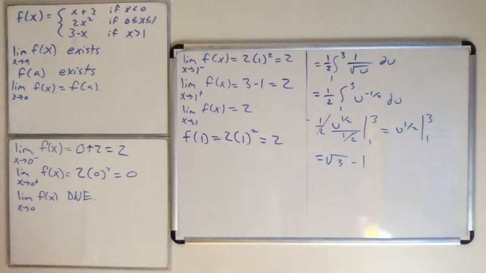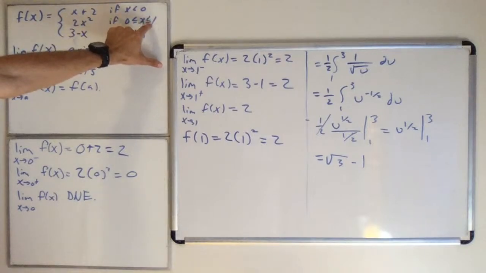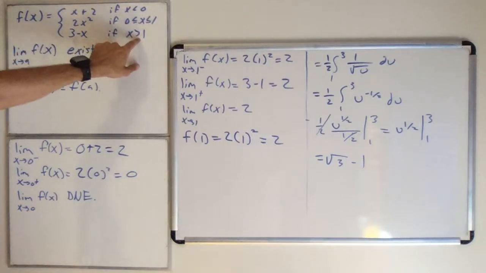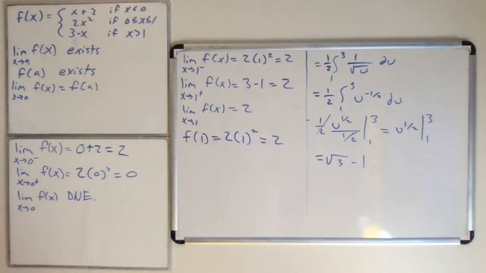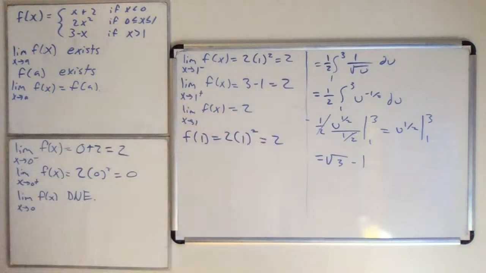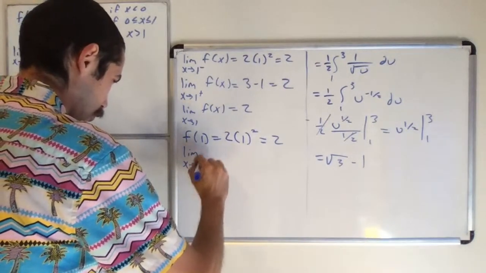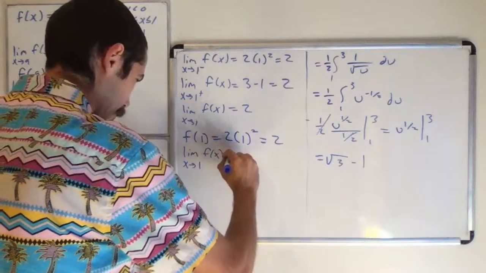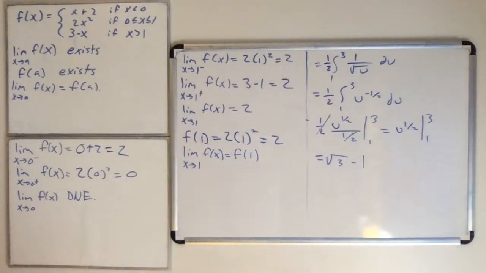So you wouldn't use the last part, right? Because the middle part has x less than or equal to 1. This last part only has greater than 1. So 1 is not greater than 1. 1 is less than or equal to 1. So we use the middle part. And then we check, is this number the same as this number? It is, so f is continuous at 1.